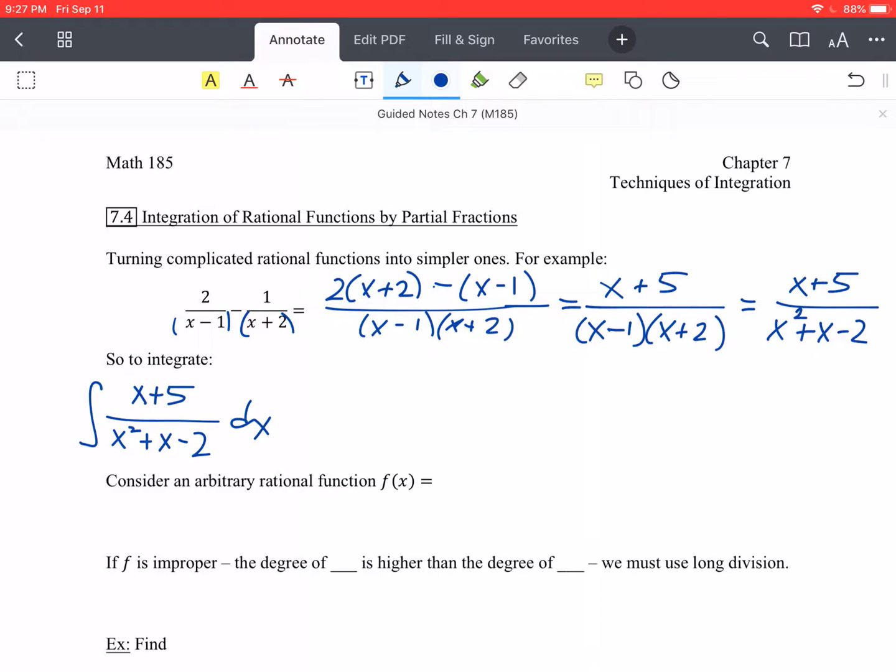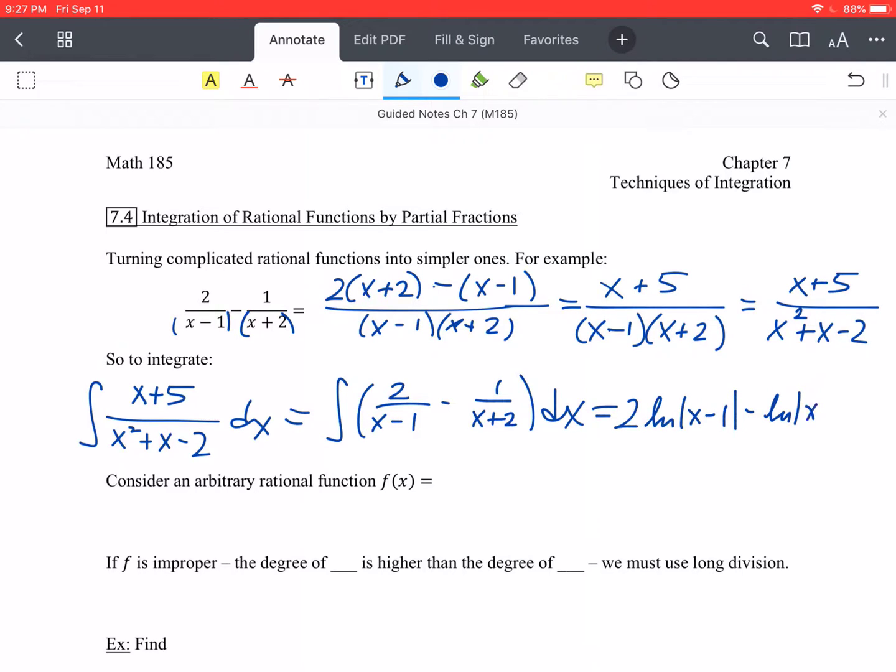But if we can manipulate it algebraically and backtrack our way to get it into two simpler functions, we can integrate those instead, and that's going to be easier for us to work with. So we have the integral of 2 over x minus 1 minus 1 over x plus 2 dx. Those are both integrable, and they both involve the natural log. So this becomes 2 ln absolute value of x minus 1 minus ln of absolute value of x plus 2 plus c.